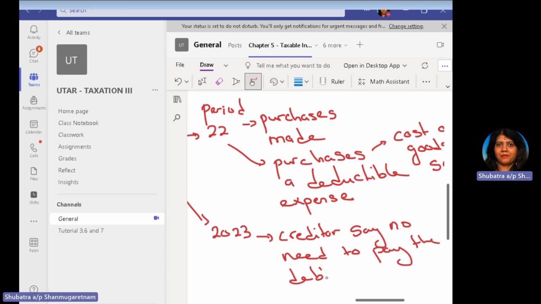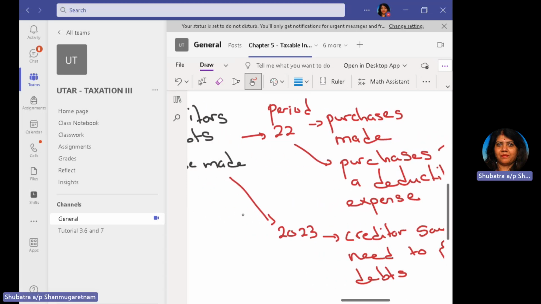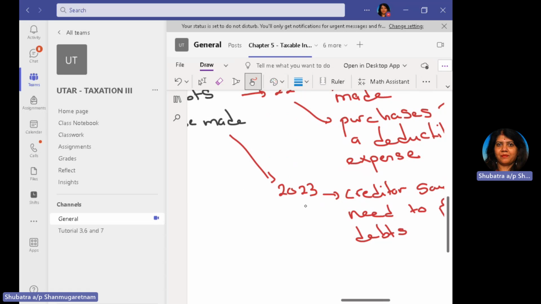Creditor is such a nice person. Says, never mind, I understand that you're going through a lot of problems. No need to pay the debts. All right. So that means the loan is waived here. The debt is waived. The debt is waived in 2023.